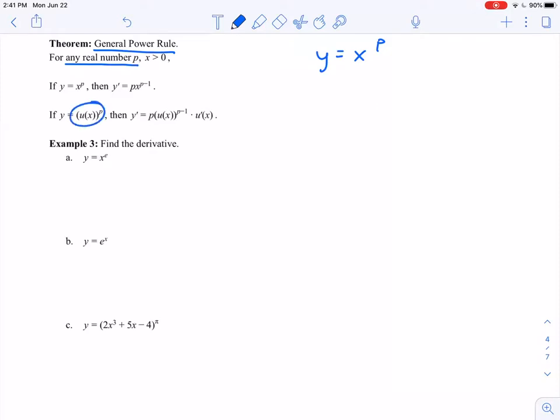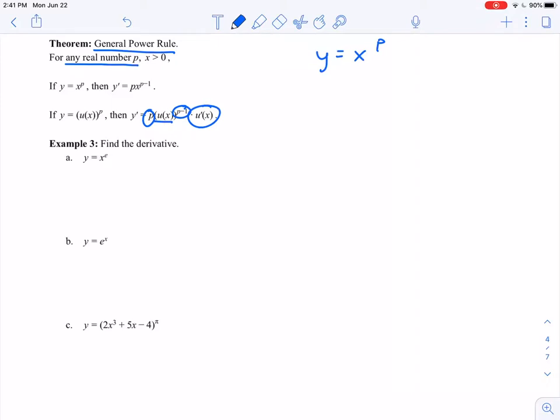We take the derivative of this outside part. Well, what would that look like? I multiply by my power. Inside part stays the same. Subtract 1 from my power. So there's the derivative of the outside part. And then the chain rule also says we multiply by the derivative of that inside part. So we multiply by u prime.